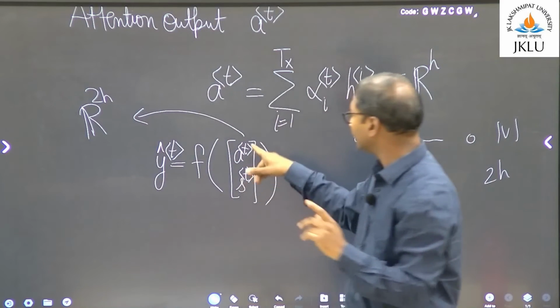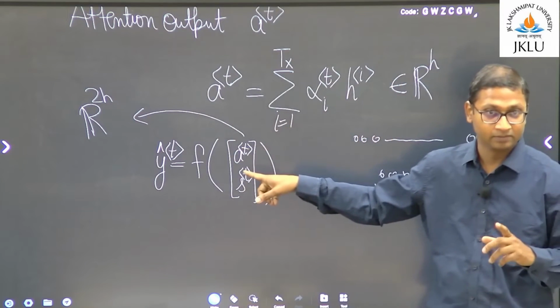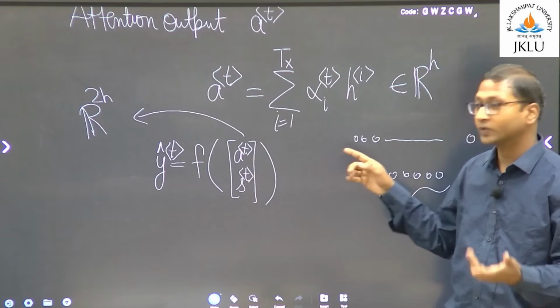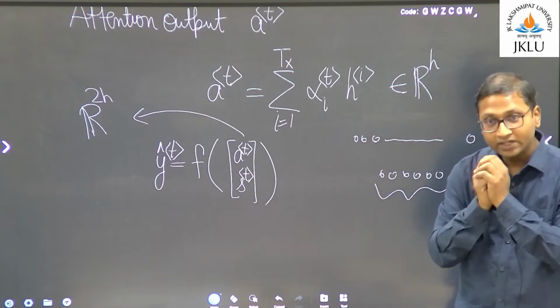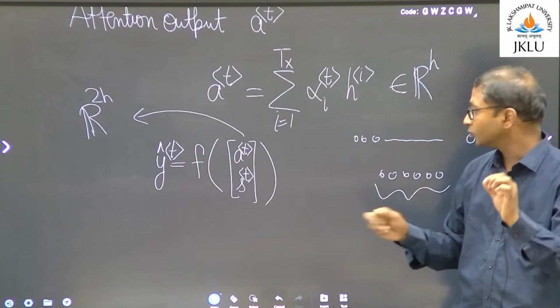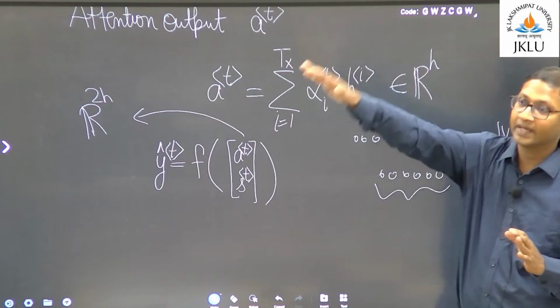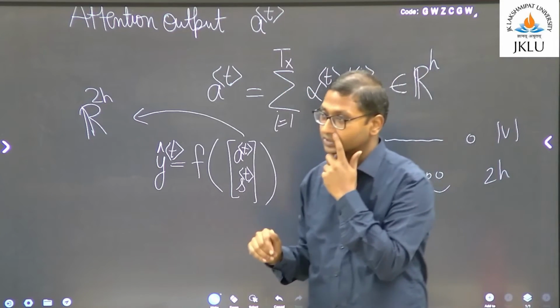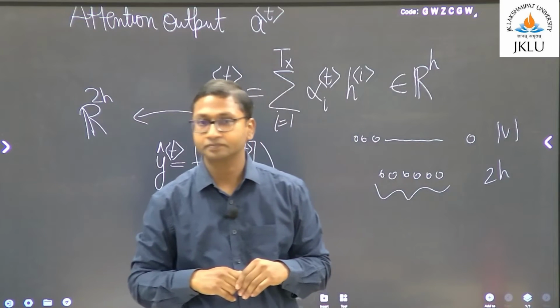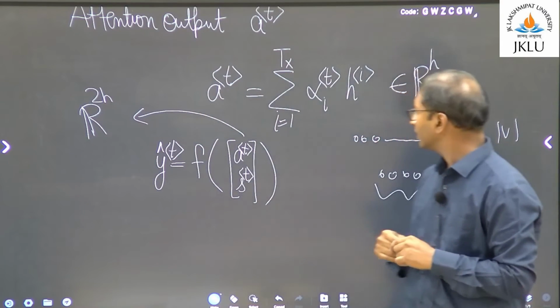So even if you don't concatenate and just add, it might so happen that, without increasing even a single parameter, you get a performance increase over the plain encoder decoder architecture for RNNs.